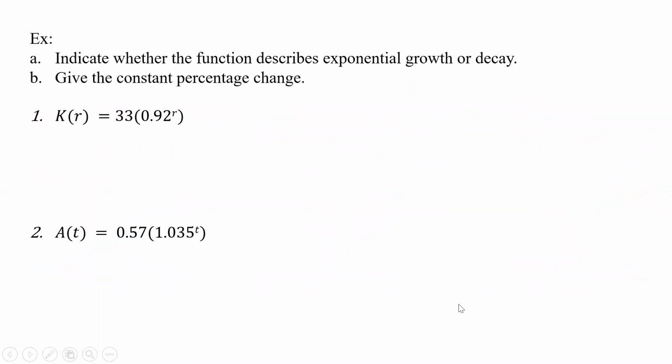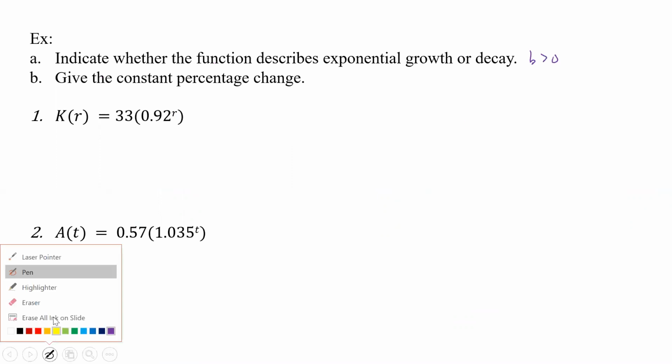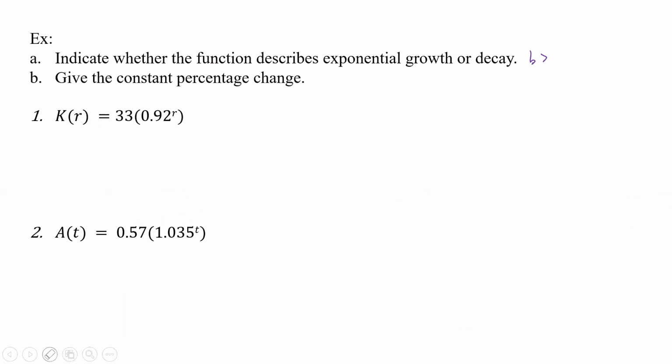What about this one? Now we're supposed to look and see, indicate whether the function describes exponential growth or decay. So basically, is b greater than 1, or is b less than 1? And then we find a constant percent change. All right, so how do we do that?